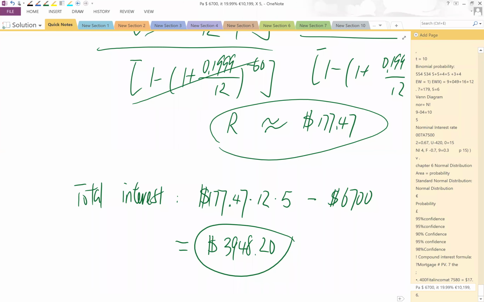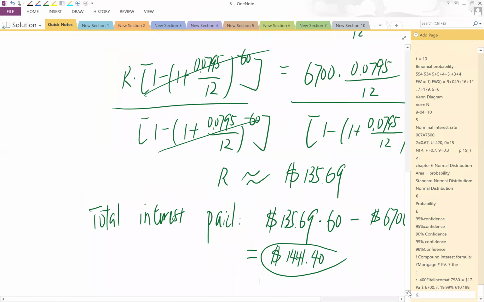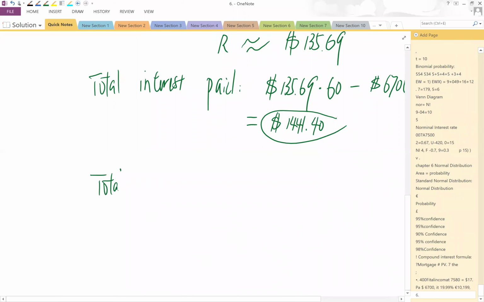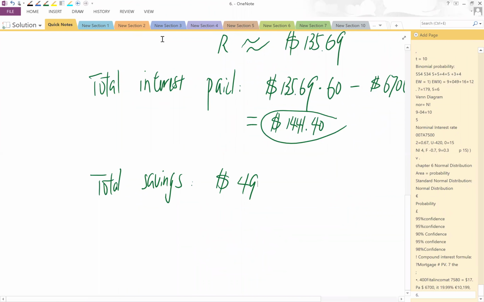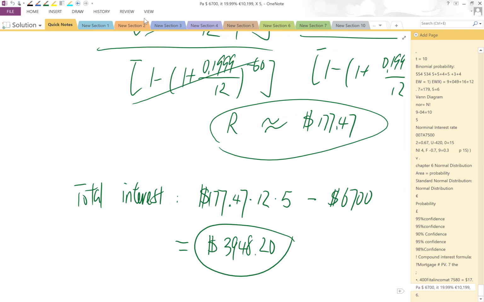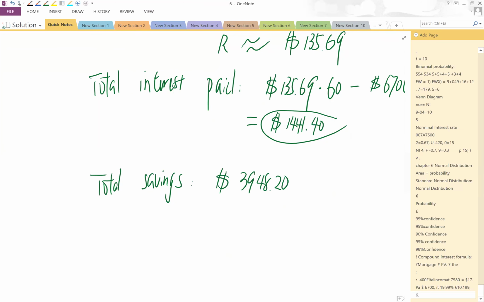So the total savings, you're using the total savings, will be $3,948.20, and minus the current interest charged, it's $1,441.40. The difference is your saving.